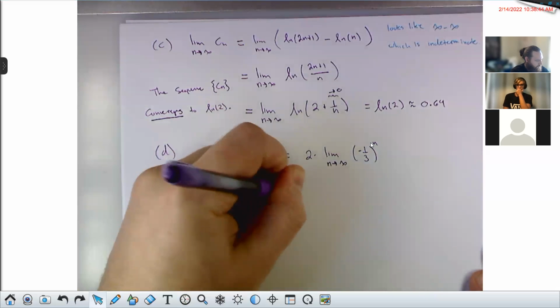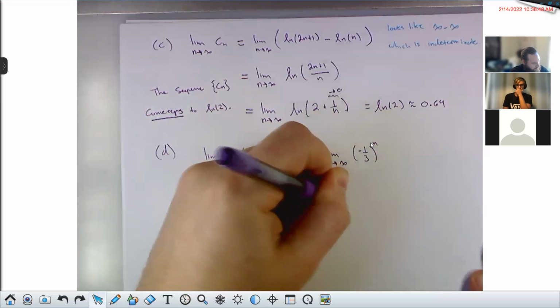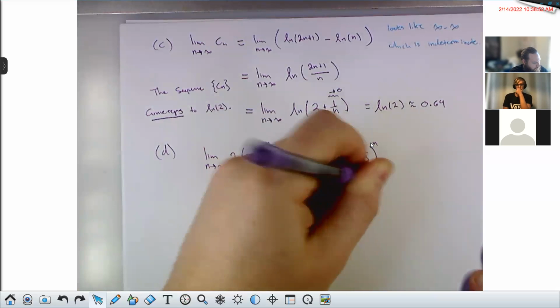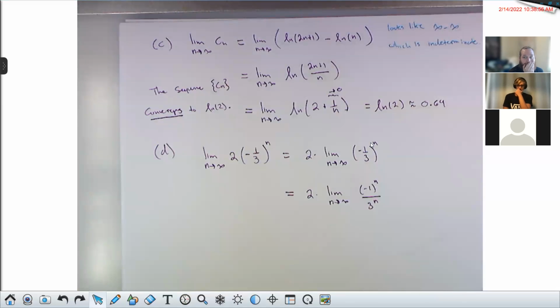Now, I can write this as negative 1 to the n over 3 to the n. And that kind of isolates the part that blinks back and forth between positive and negative. It's the negative 1 to the n, which blinks back and forth between being positive and negative.